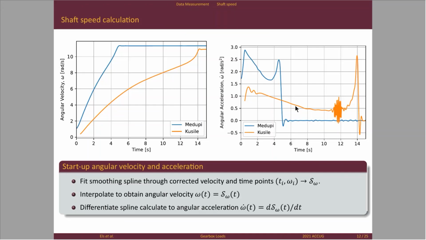So this is what we could do with our accurate speed measurement. Without this, it's not possible to do that. I will come back to this: you see for Kusile at 12 seconds, there's something strange going on there.